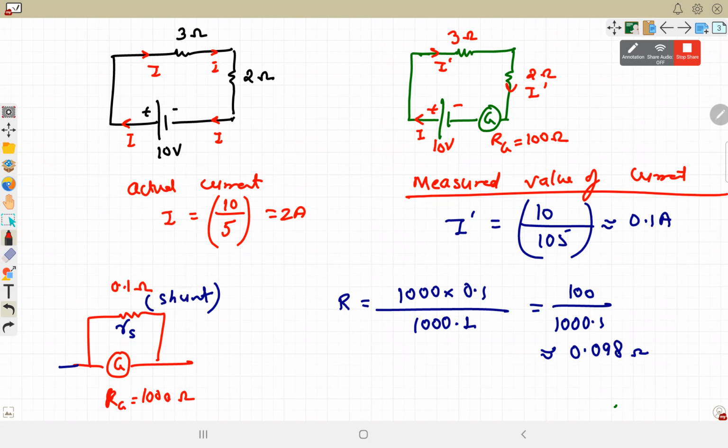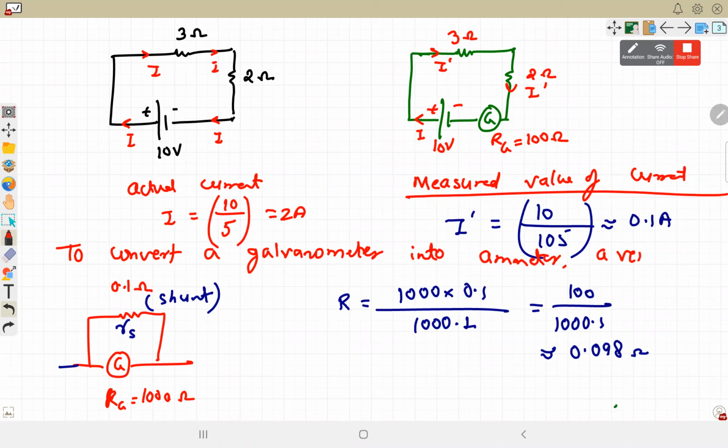Galvanometer conversion into ammeter. To convert a galvanometer into an ammeter, a very small resistance is connected in parallel with the galvanometer coil. This small resistance has two roles.